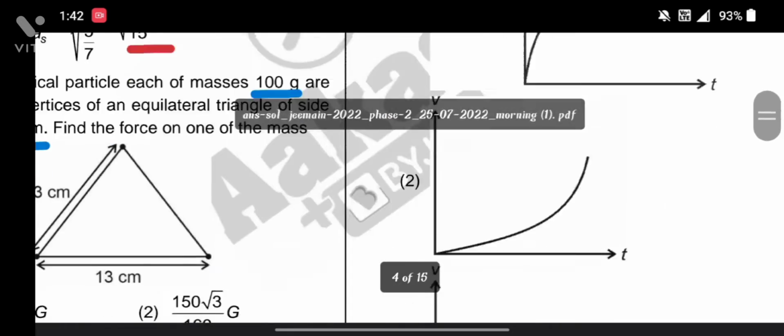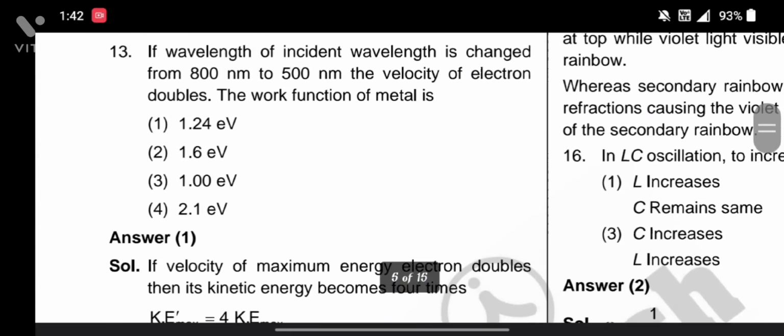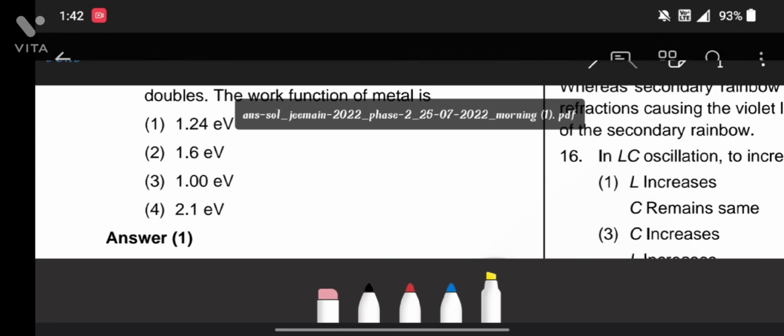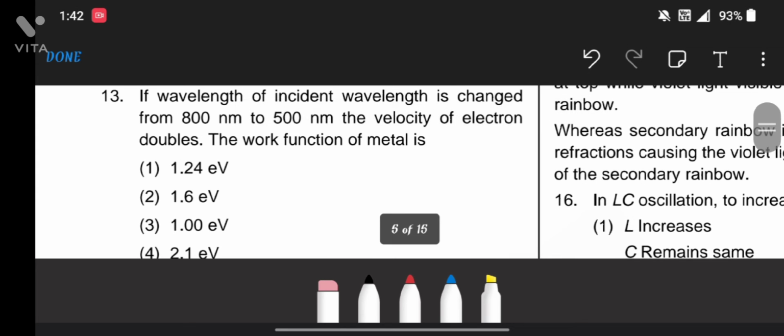Now moving on. Okay, so here they have asked another question based on wavelength.